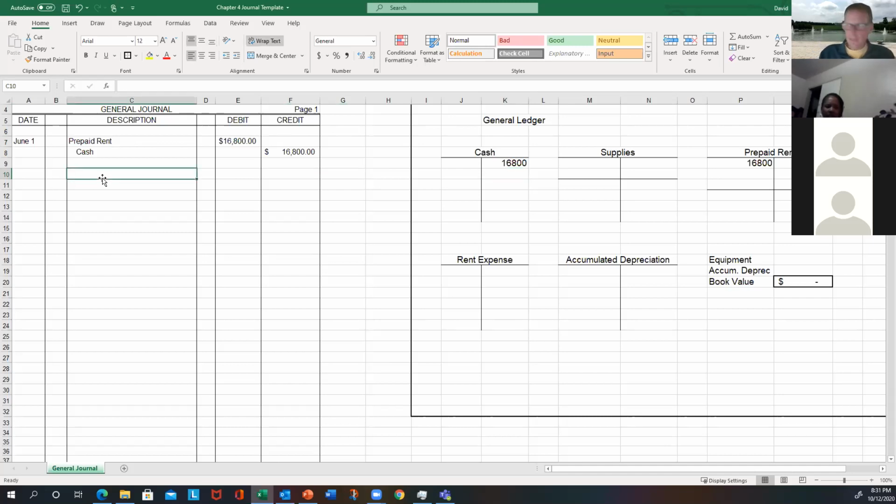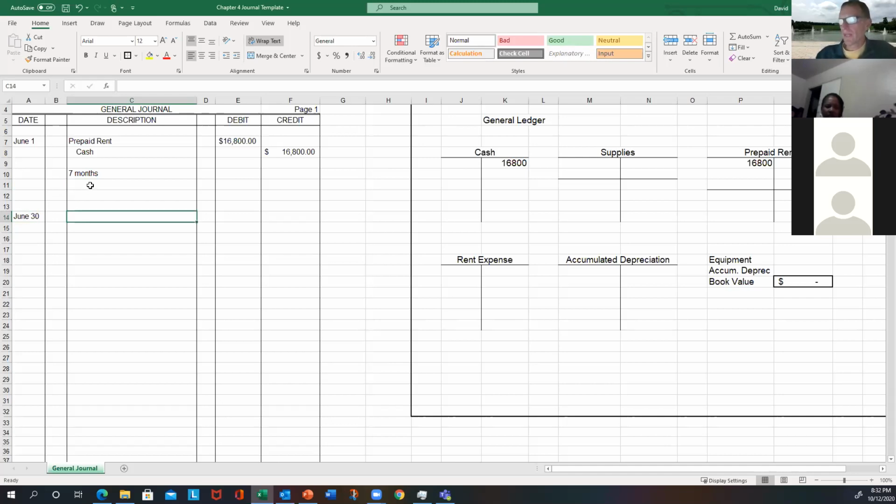The problem said that this prepaid rent was paid 7 months in advance, all right? And so the problem says the end of June adjustment. So the end of June, of course, would be June 30th. On June 30th, we've got to figure out how much would be our monthly rent.